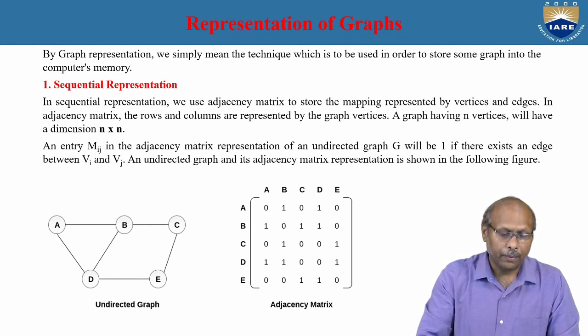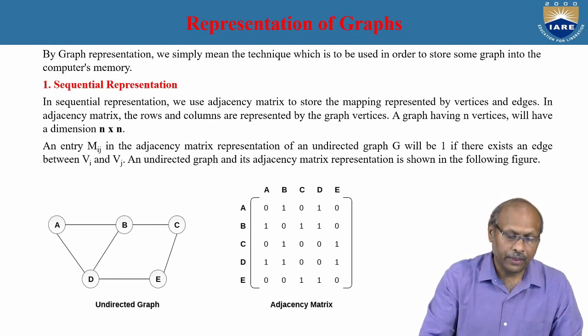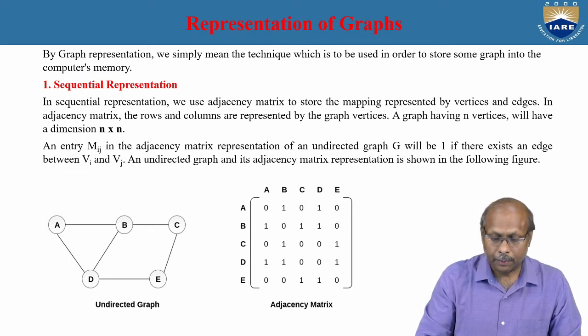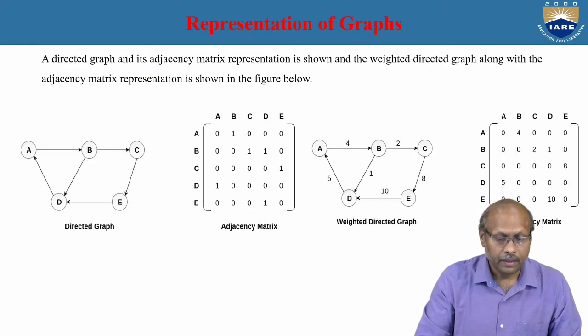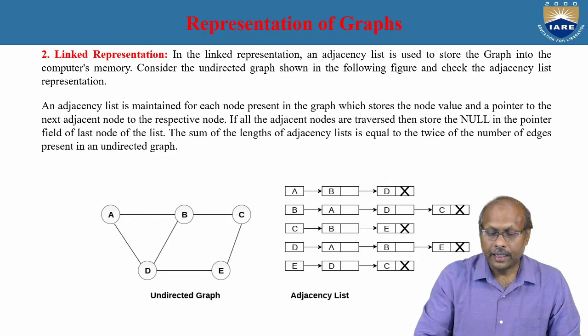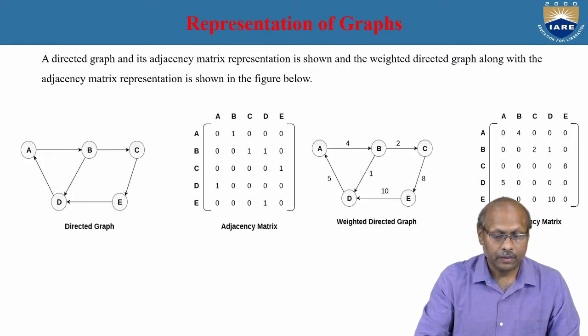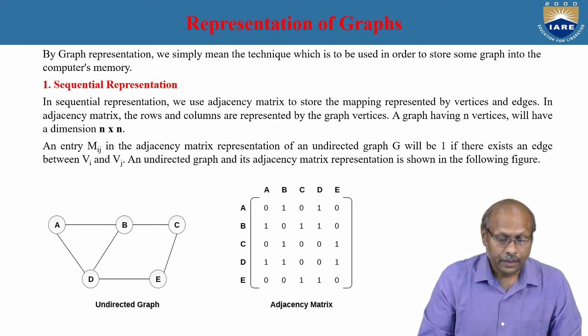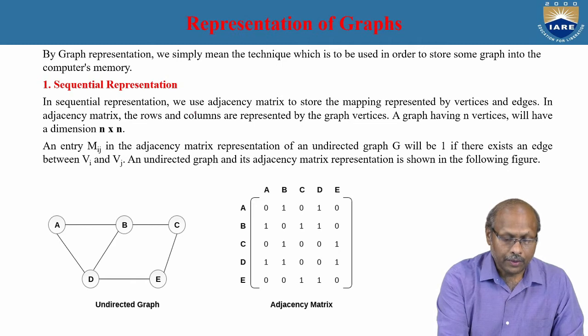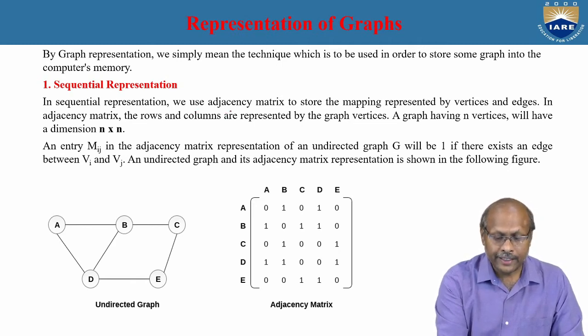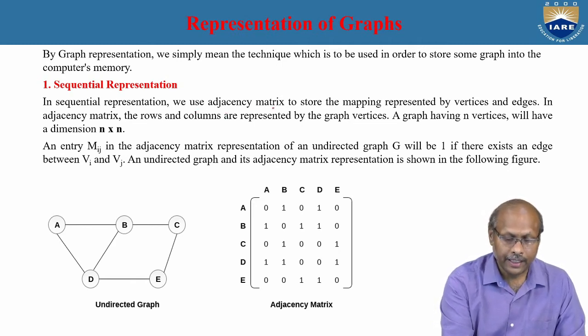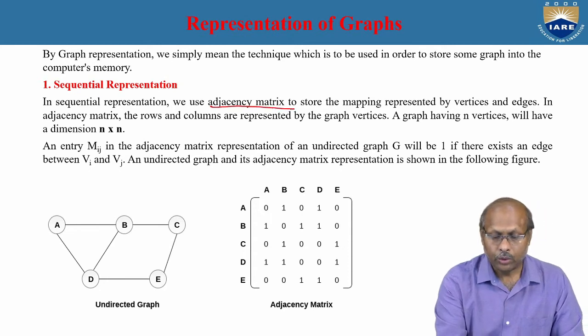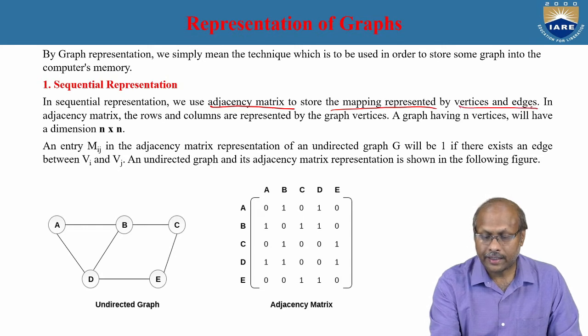You can represent the graph in different ways. One is sequential representation. Second is linked representation. In sequential representation, we use adjacency matrix to store the mapping represented by vertices and edges.